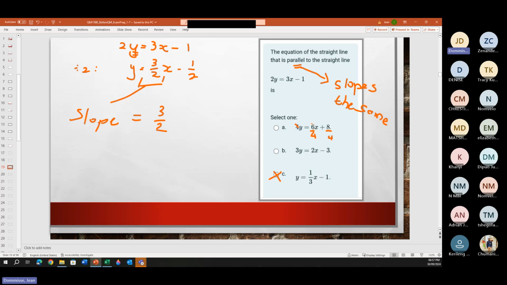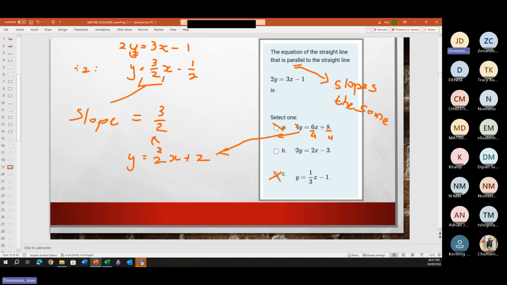If I simplify that, 6 over 4 is actually 3 over 2. So that line, if I simplify it, is 3 over 2x plus 2. So there we see, I got the same slope. So option A is the correct one.